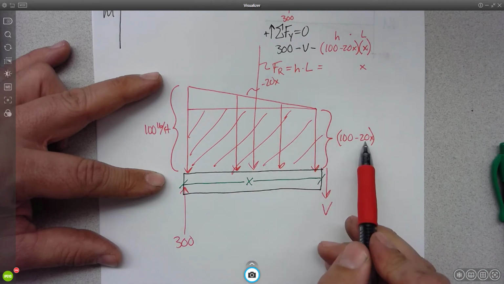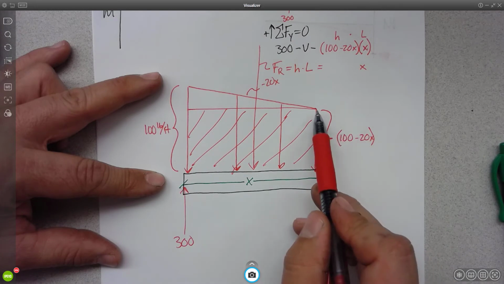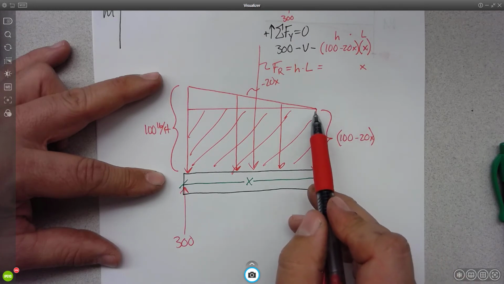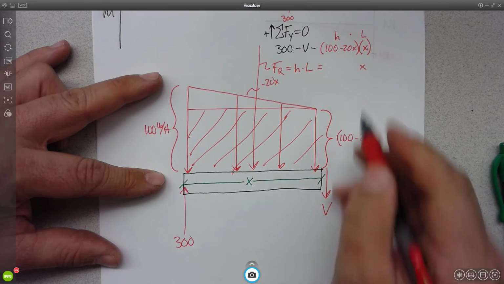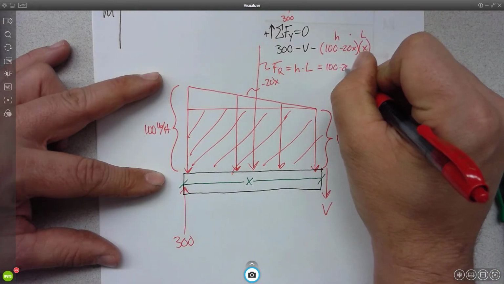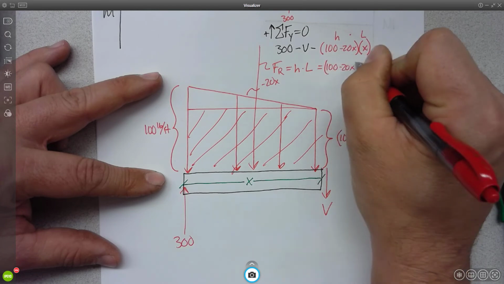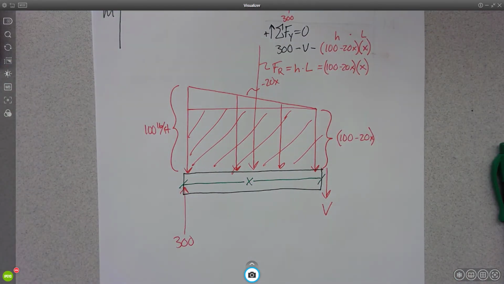If I've gone over 2 feet, this would be 60. 3 feet, 40, 4 feet, 20, 5 feet, 0. Does that make sense? Okay, so then I need to put that back up in here for my height: 100 minus 20x. That's just giving me the magnitude of my resultant.